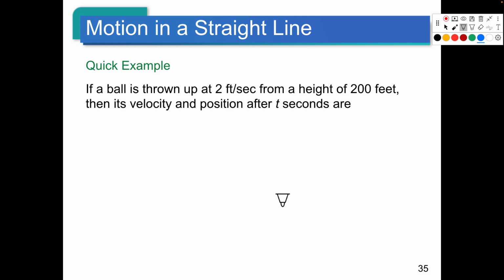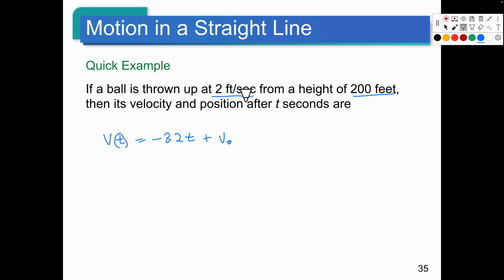So if a ball is thrown up at 2 feet per second from a height of 200 feet, then its velocity and position after t seconds are... Well, velocity, remember, is negative 32t plus the initial velocity.